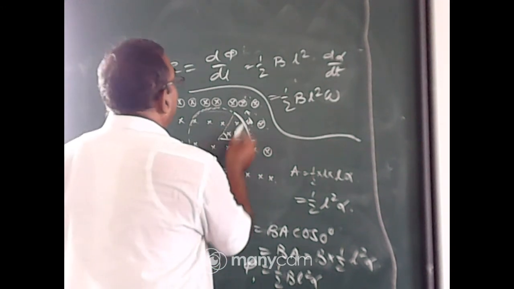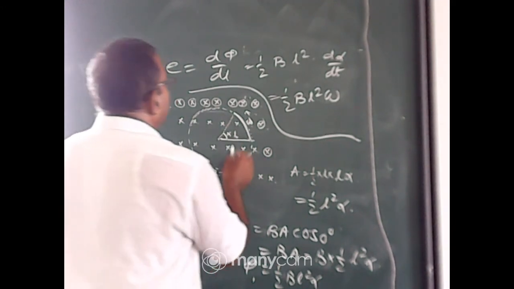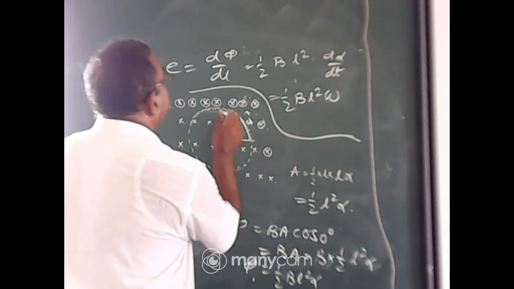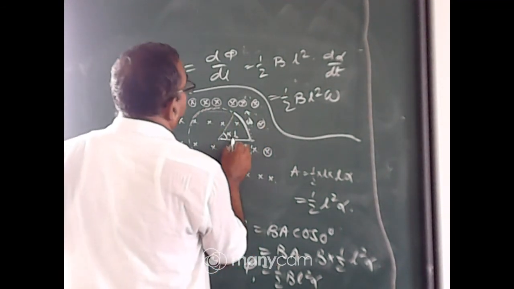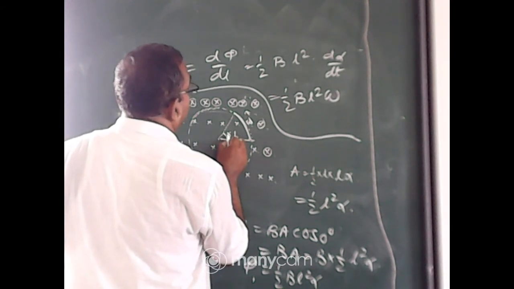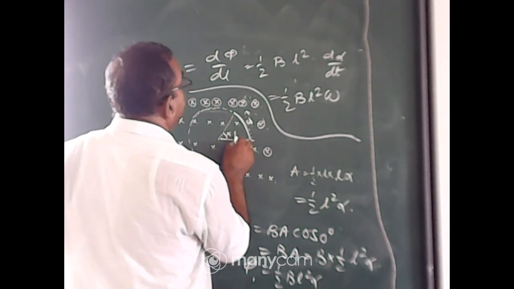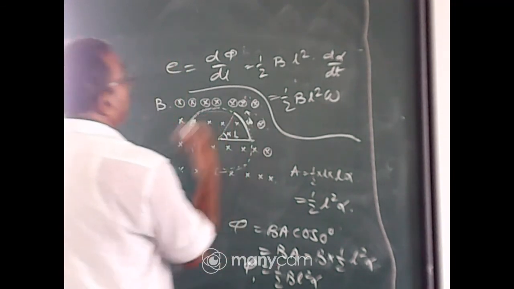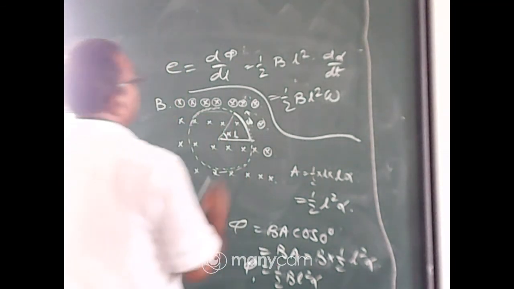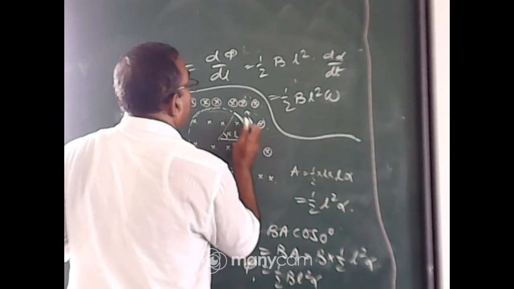When you consider the vector quantities, the direction is this. Here the angle is alpha, L is the radius, in place of r you put L, and omega equals angular velocity.